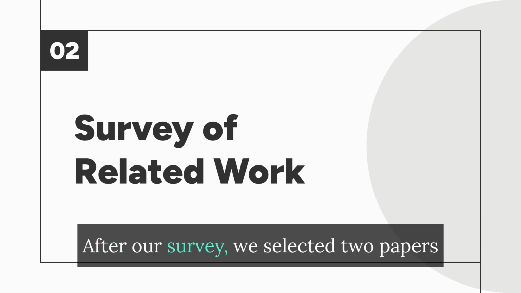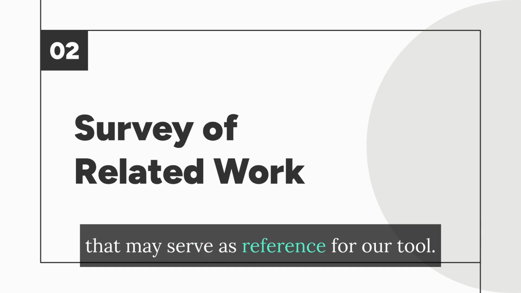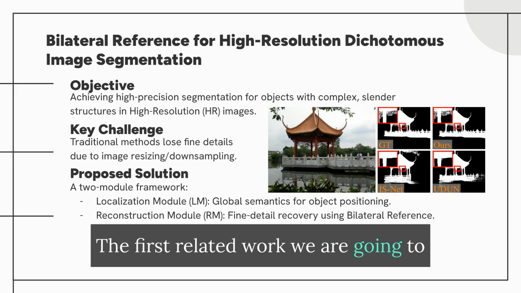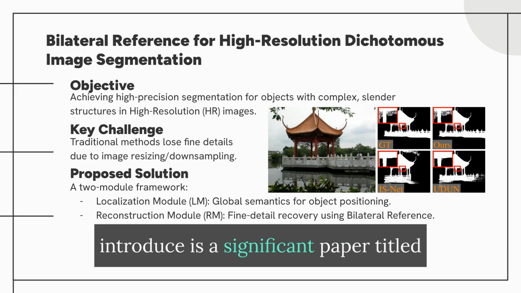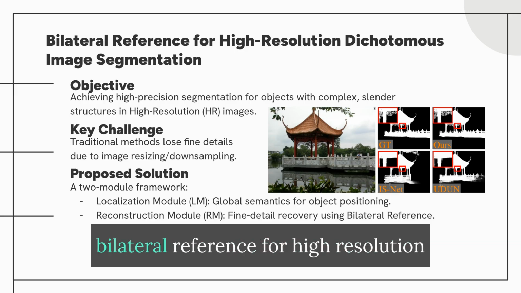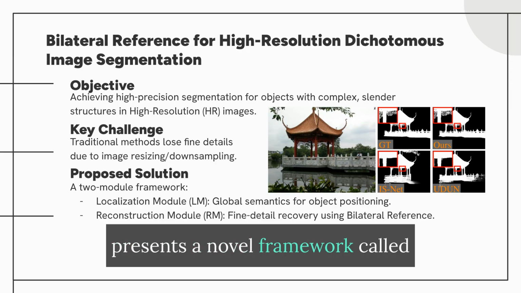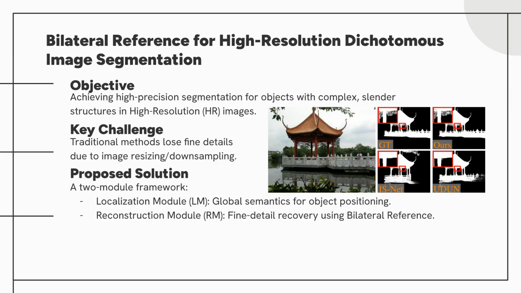After our survey, we selected two papers that may serve as reference for our tool. The first related work we are going to introduce is a significant paper titled "Bilateral Reference for High-Resolution Dichotomous Image Segmentation," which presents a novel framework called BiRefNet.